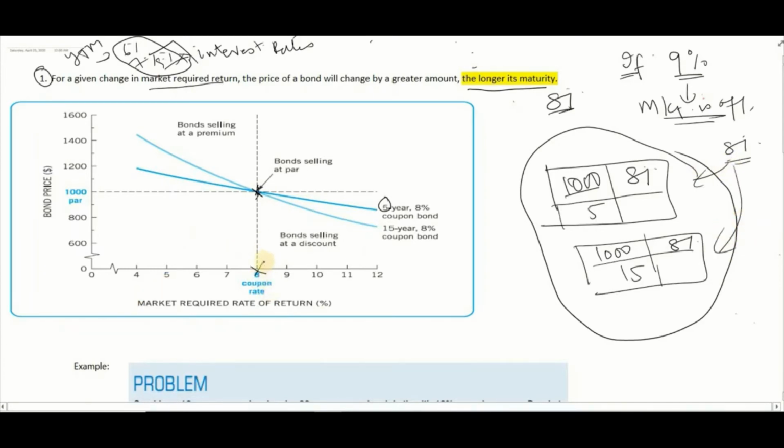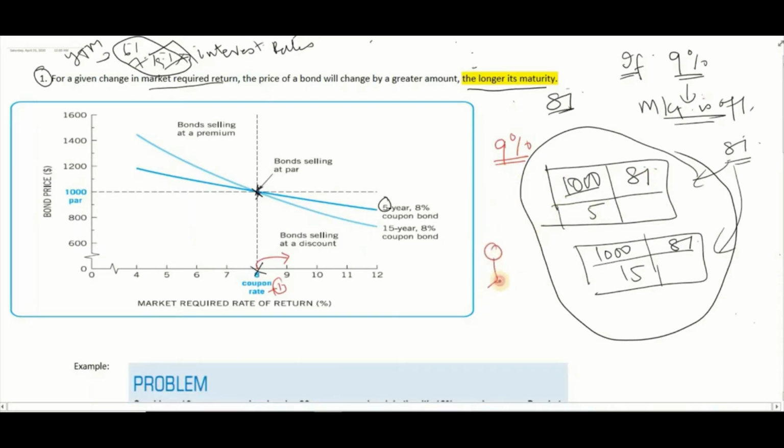So let's say if interest rate increases from 8% to 9%, right? So from 8% to 9%, there is a 1% increase. So now interest rate is 9%, right? So which of the bonds will be affected more?